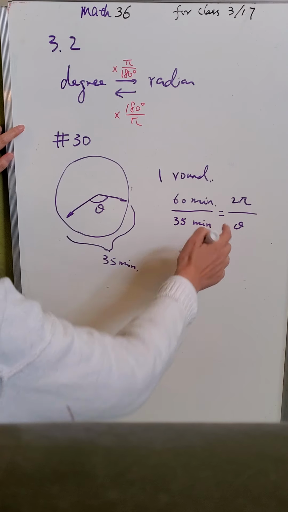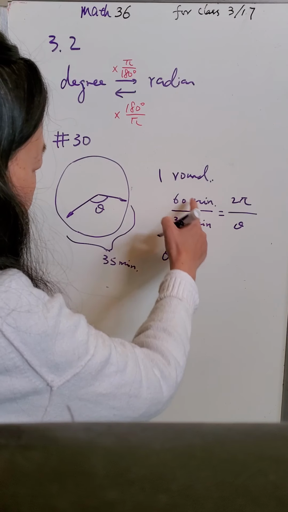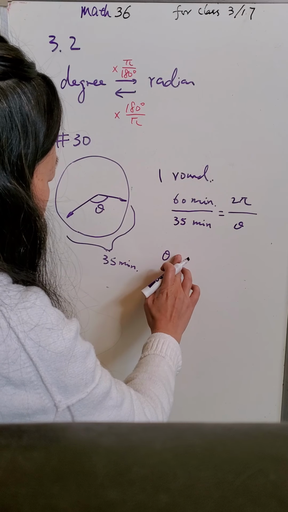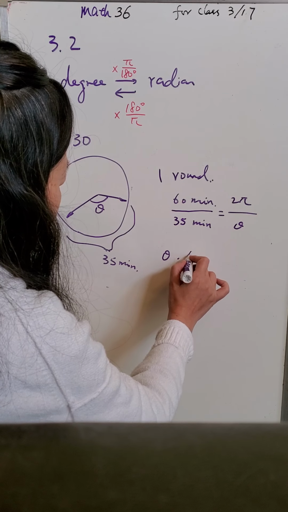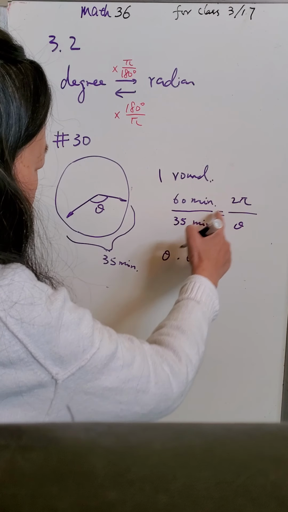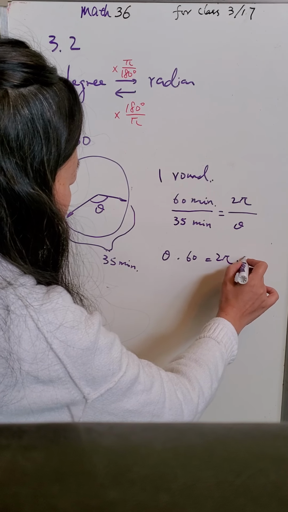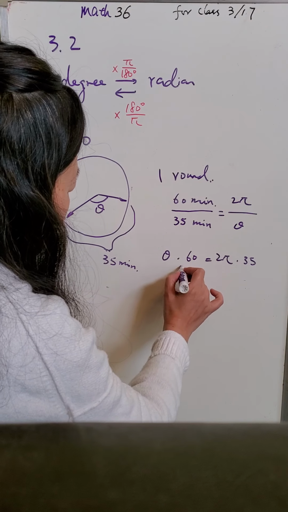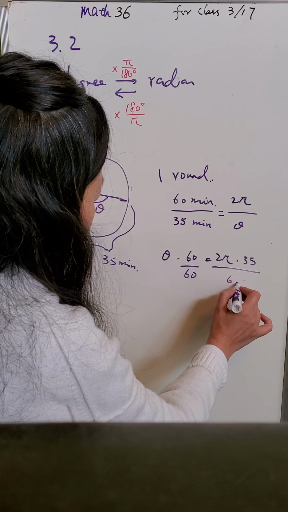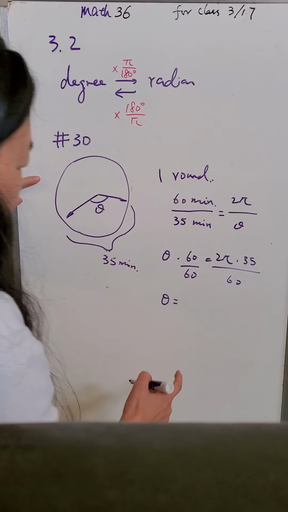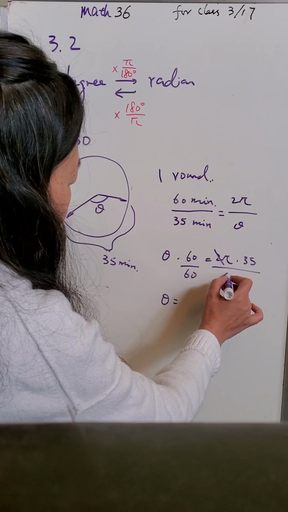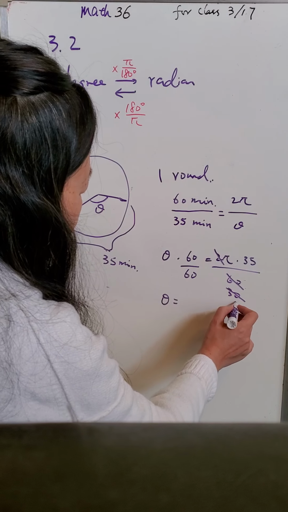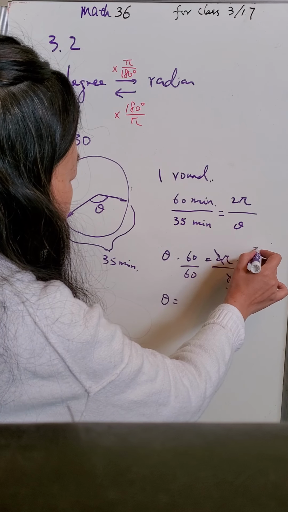Our goal is to find theta, so we do a cross multiplication: theta times 60 minutes equals 2 pi times 35 minutes. Then we divide by 60 on both sides. So theta will equal, now we reduce this: divide by 5, this is 6, and 35 divided by 5 is 7.